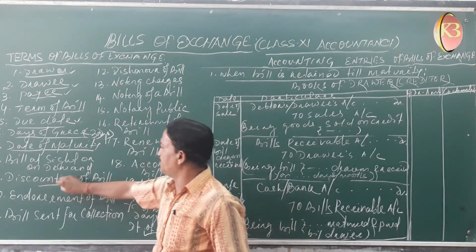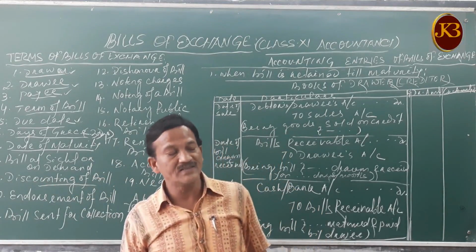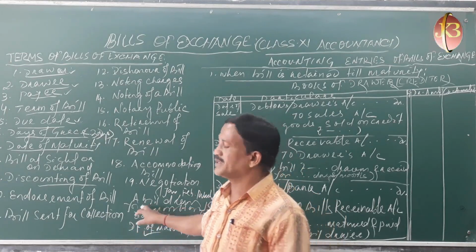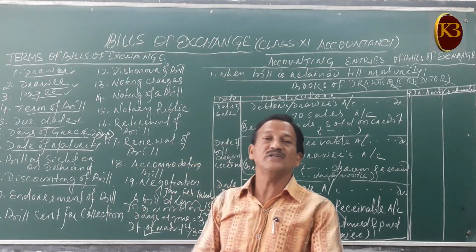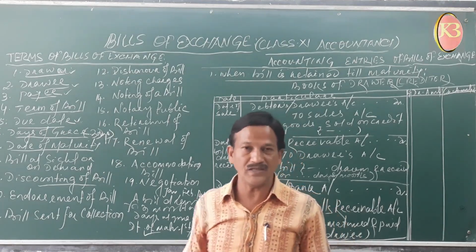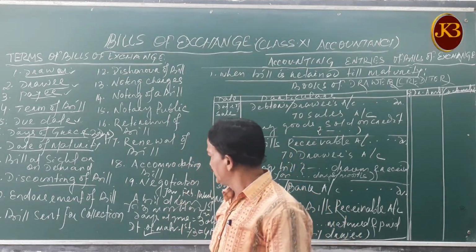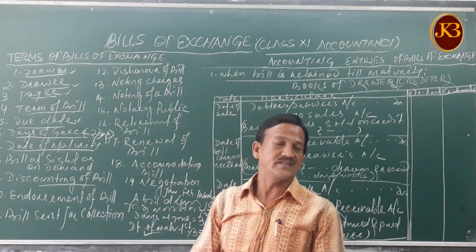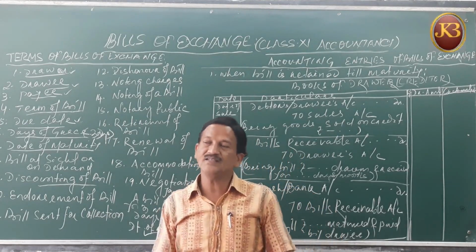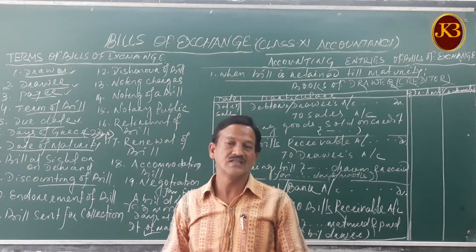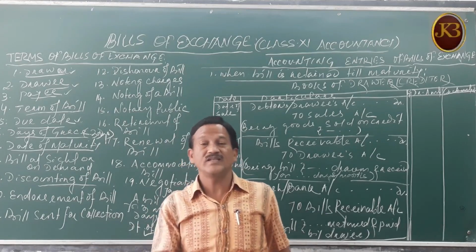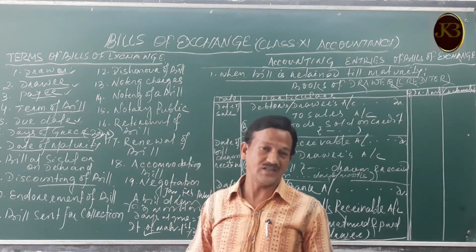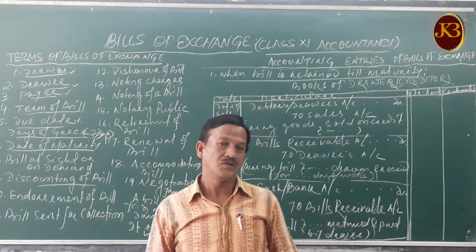Then discounting of bills. Before maturity, if the drawer wants to receive the payment of the bill, what will he do? Suppose the bill is drawn on 1st January for 3 months. On 15th January, after 15 days, the drawer wants to receive the payment of the bill.